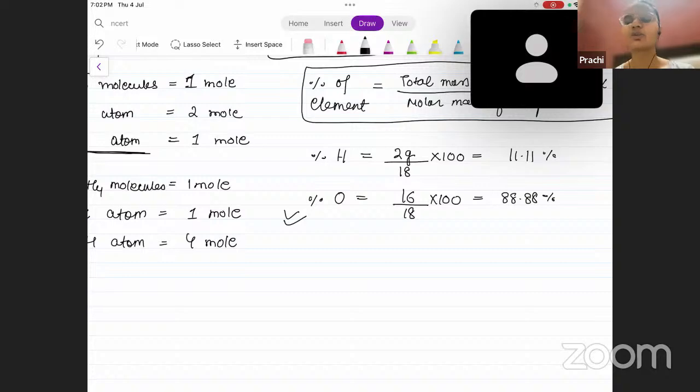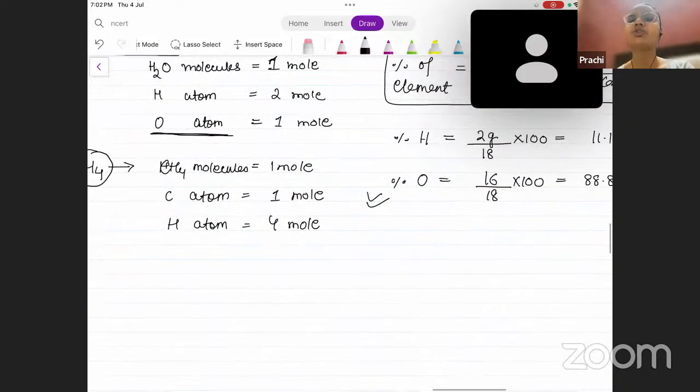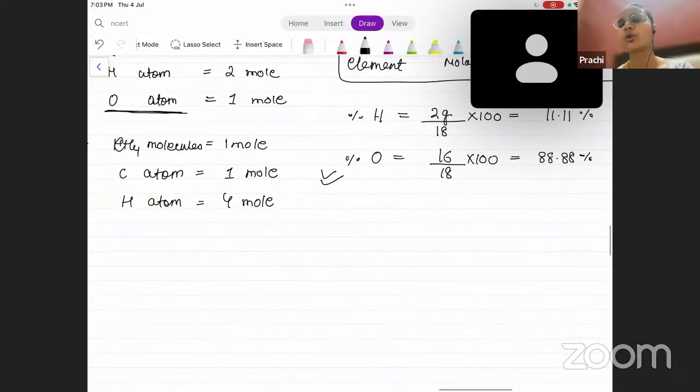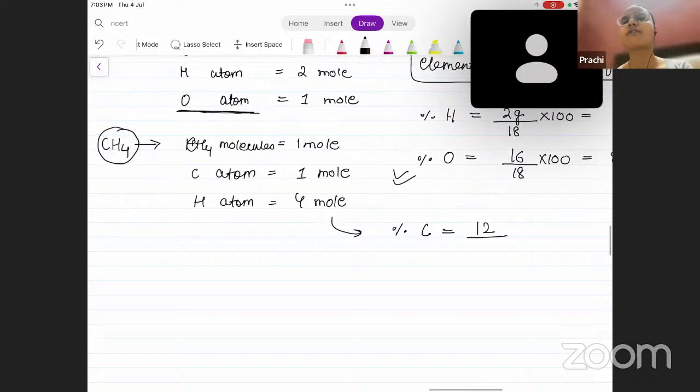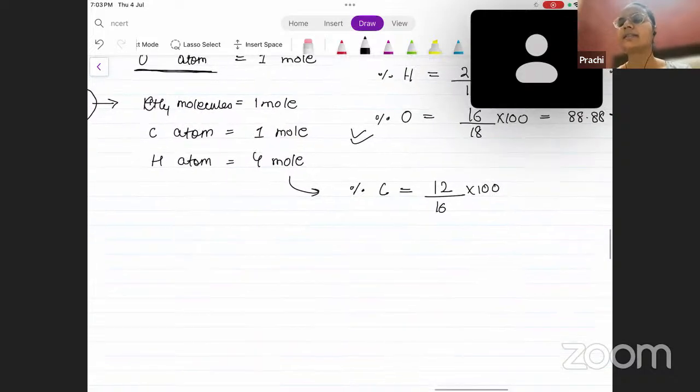So that's how you can find the percentage of an element. If this is clear to you, type yes and then we will move ahead. By that time, you can try it for methane also. For methane, find the percentage of carbon. The mass of carbon is 12 and the total mass of a methane molecule is 16, so 12 by 16 into 100.